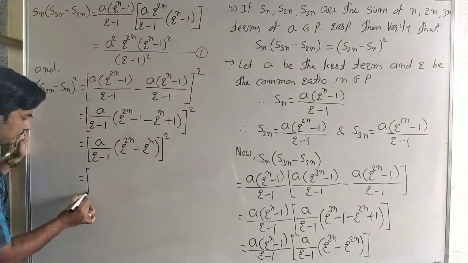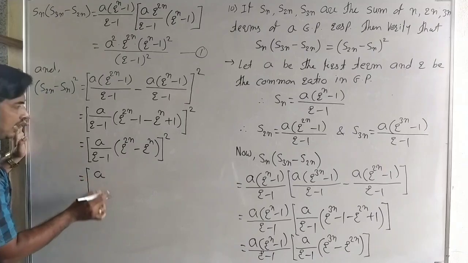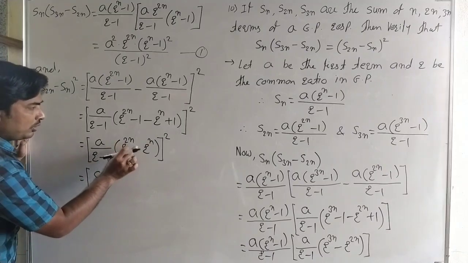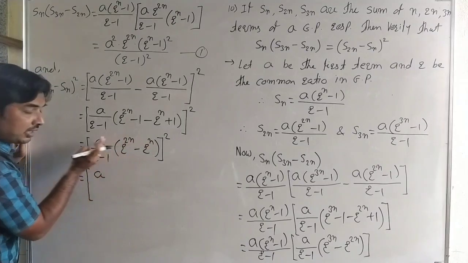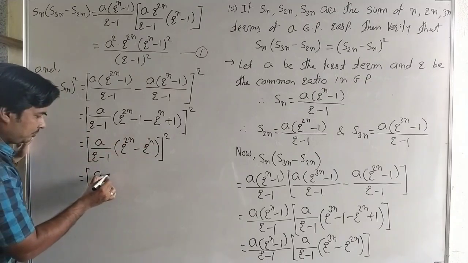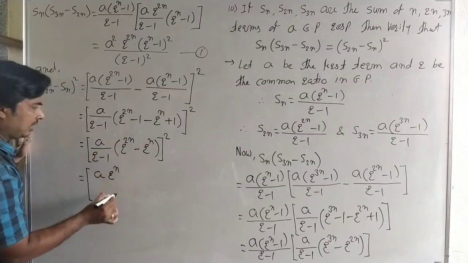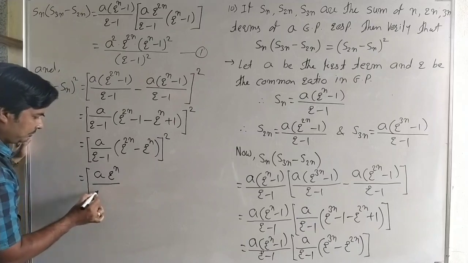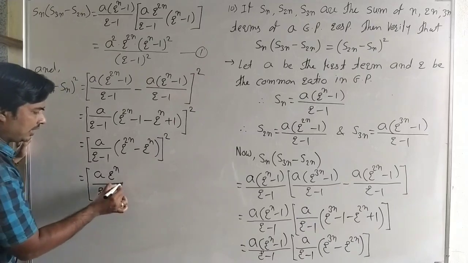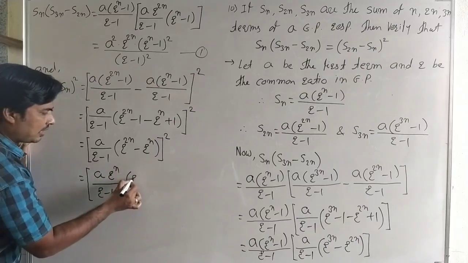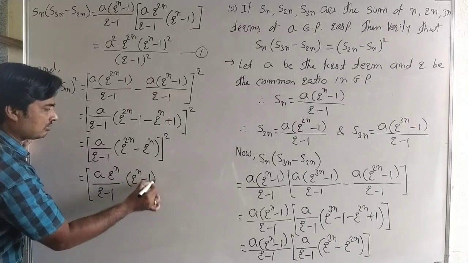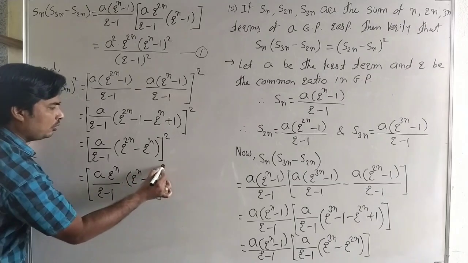Then we can take r to the power n common, therefore it is a r to the power n upon r minus 1, into r to the power n minus 1, and whole square.